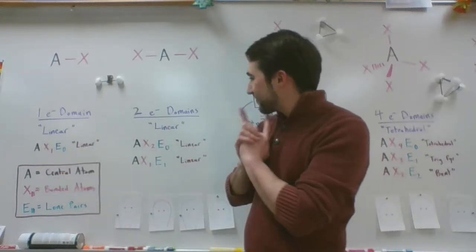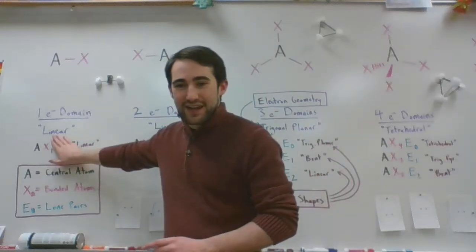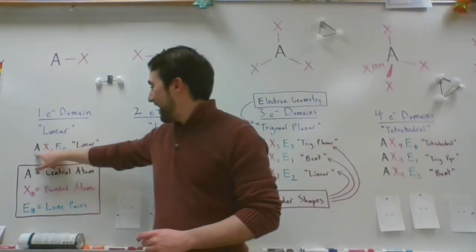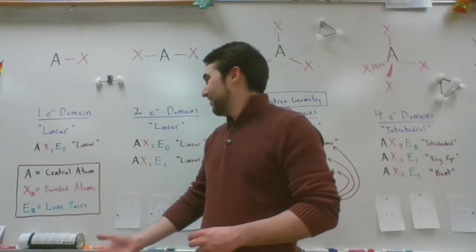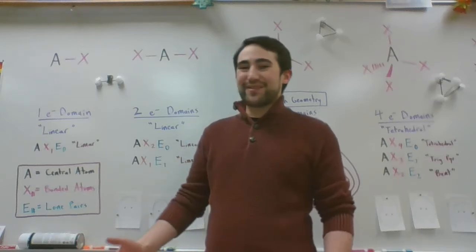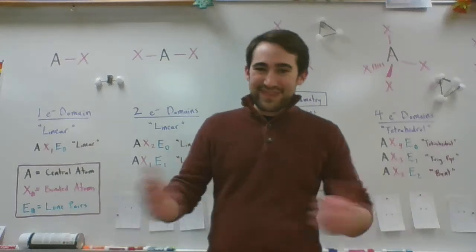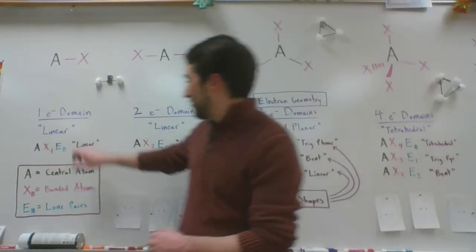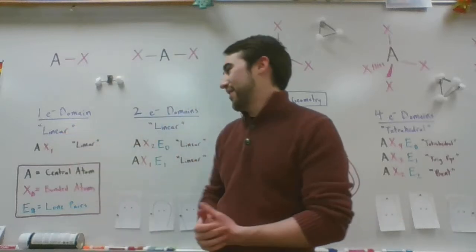Okay? Now you might also see this kind of cut out. You might have an AX code that leaves out the E because it's like, oh, if it's E0, then why are you writing the E? Kind of like a chemical formula. If a compound does not contain chlorine, we don't write Cl0 next to it. So depending on what chart you're looking at, you might not see the E written at all if you have no extra electron pairs.